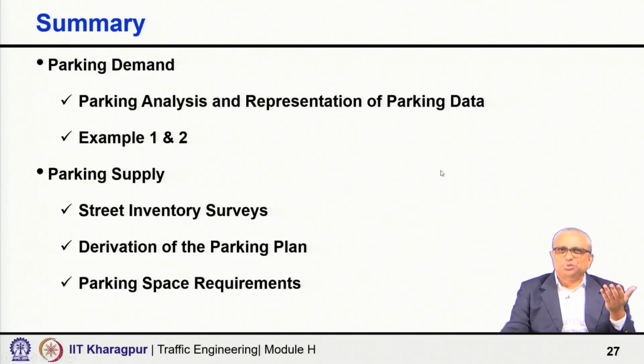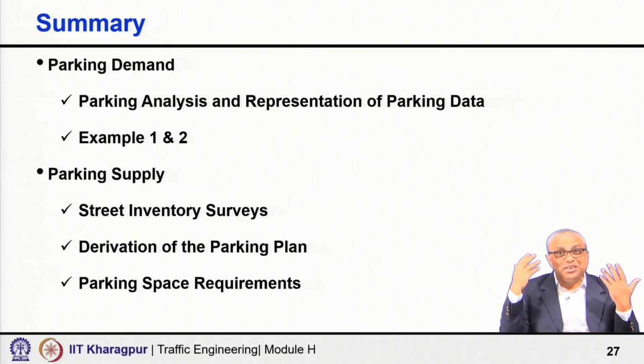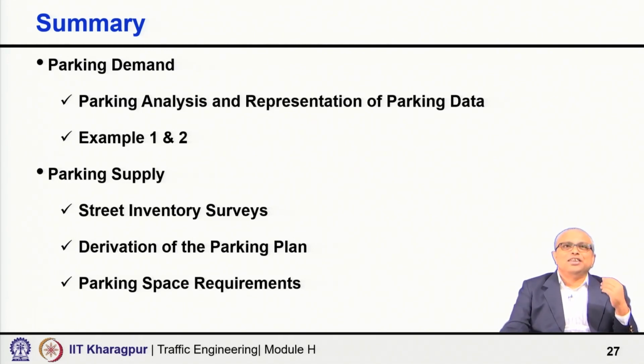So, altogether what we discussed here was the parking demand part, particularly the service part I discussed in the earlier lecture. In this lecture I talked about the analysis and representation of parking data and took 2 example problems to show you how you can do simple calculations, but get meaningful measures, quantities, and interpretations, and then how to decide the parking supply.